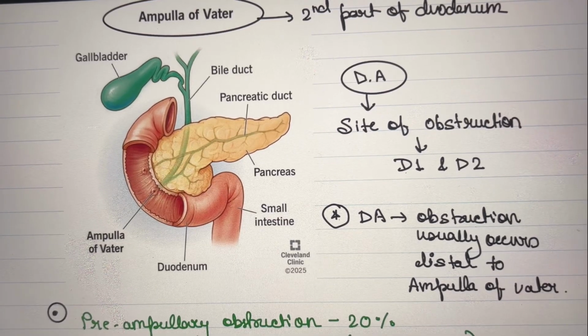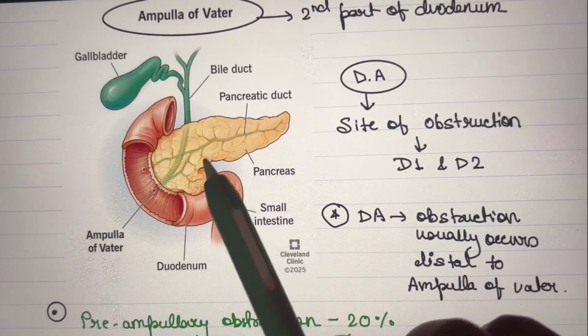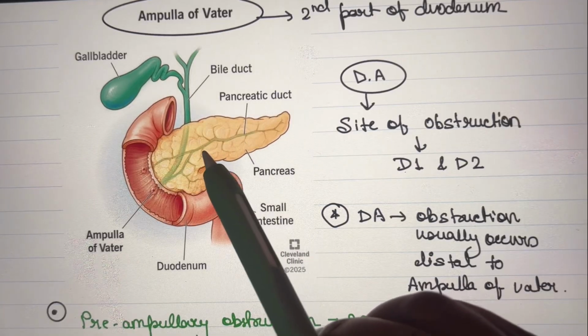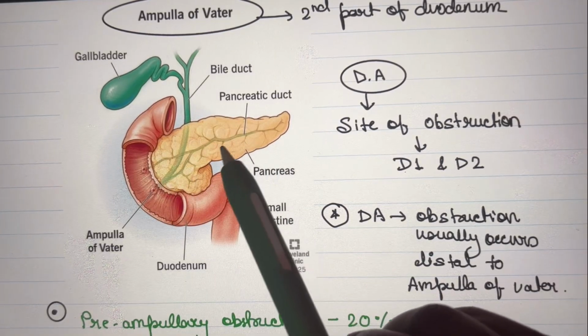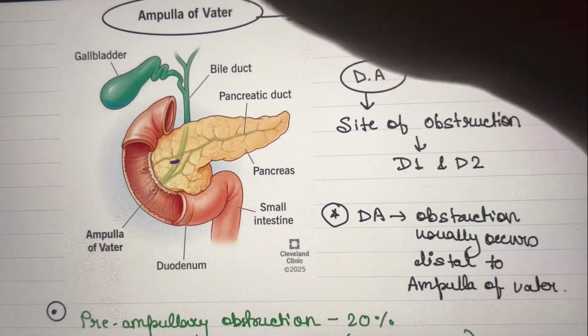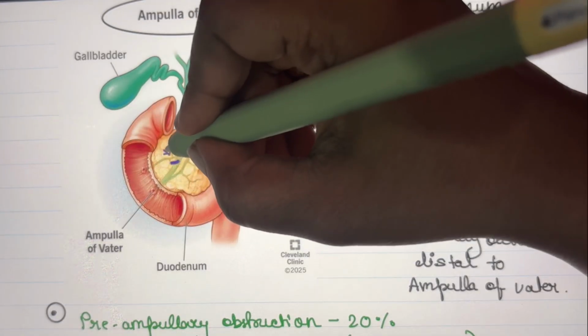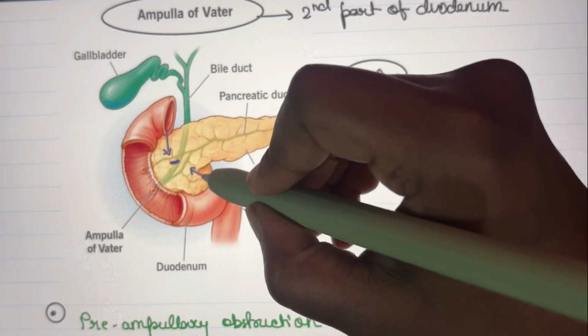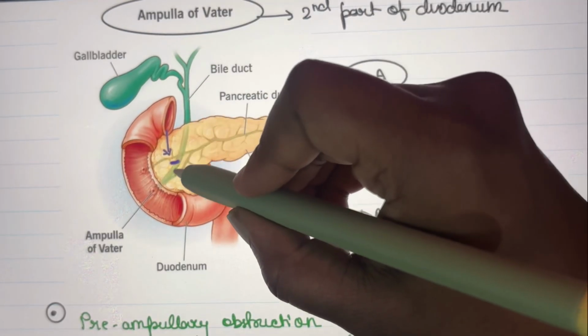But why bilious vomiting? As you can see here in the picture, this is the pancreas, this is the pancreatic duct, the main duct of Wirsung, and the accessory duct of Santorini. The above one is the accessory duct of Santorini, and this is the main duct of Wirsung, which is attached to the common bile duct.